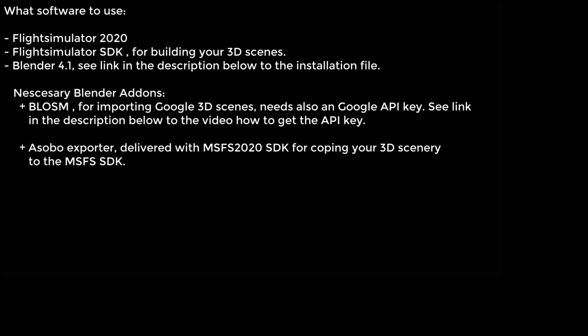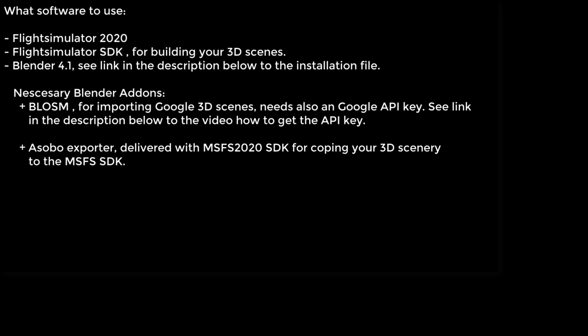For Blender you need some add-ons to make it all work together. First of all is Blossom, an add-on for importing Google 3D scenes. Besides that you also need a Google API key, so you can connect to the Google service that contains the 3D data.